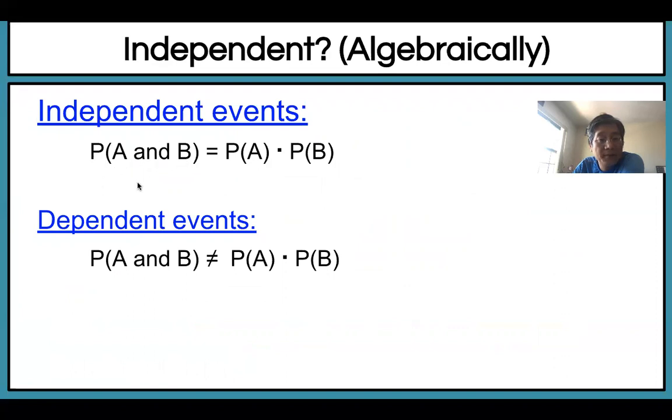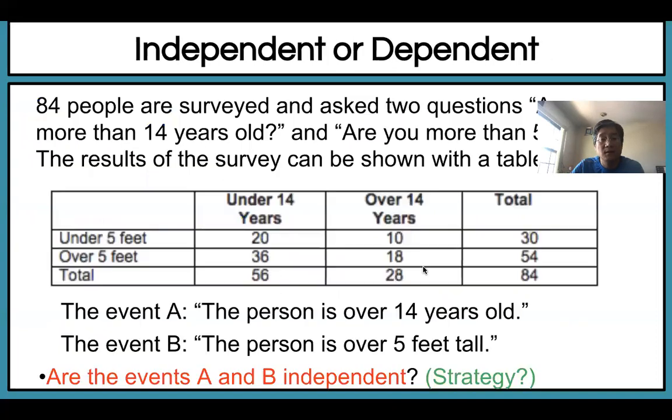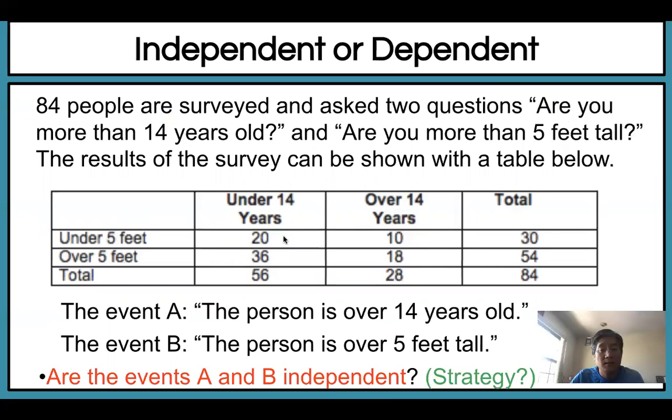So the probability of the intersection of A and B is equal to the probability of A times the probability of B. Then we can say they are independent. If they are not equal, dependent. Let's see through the example. 84 people are surveyed like this. Now let's see.